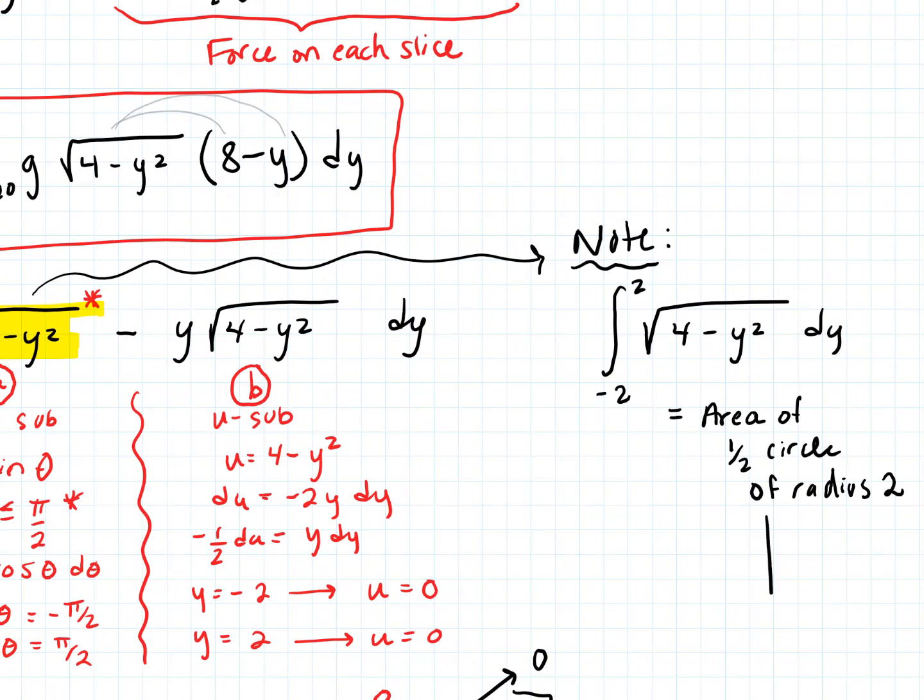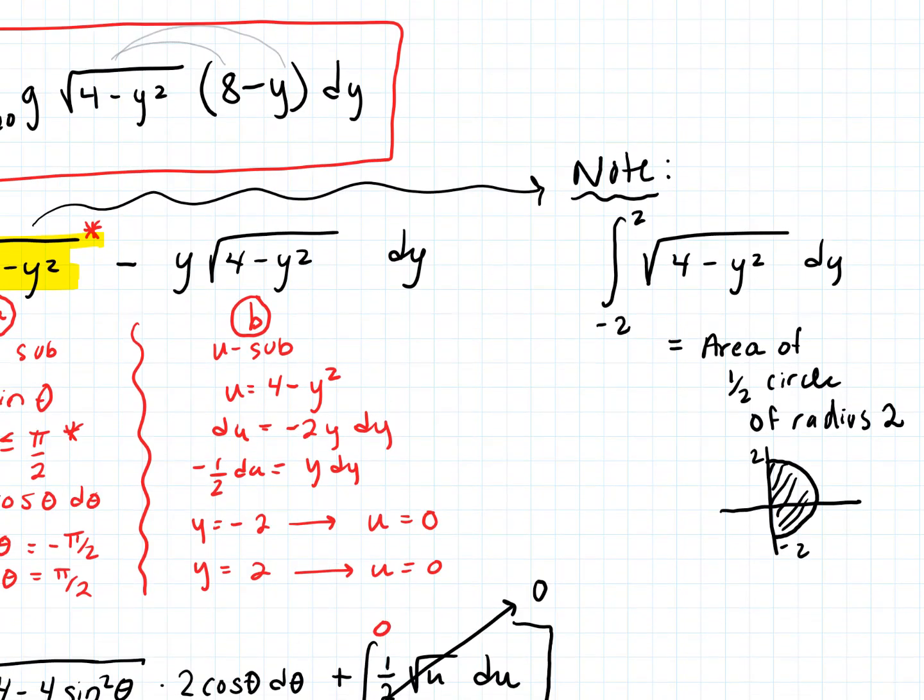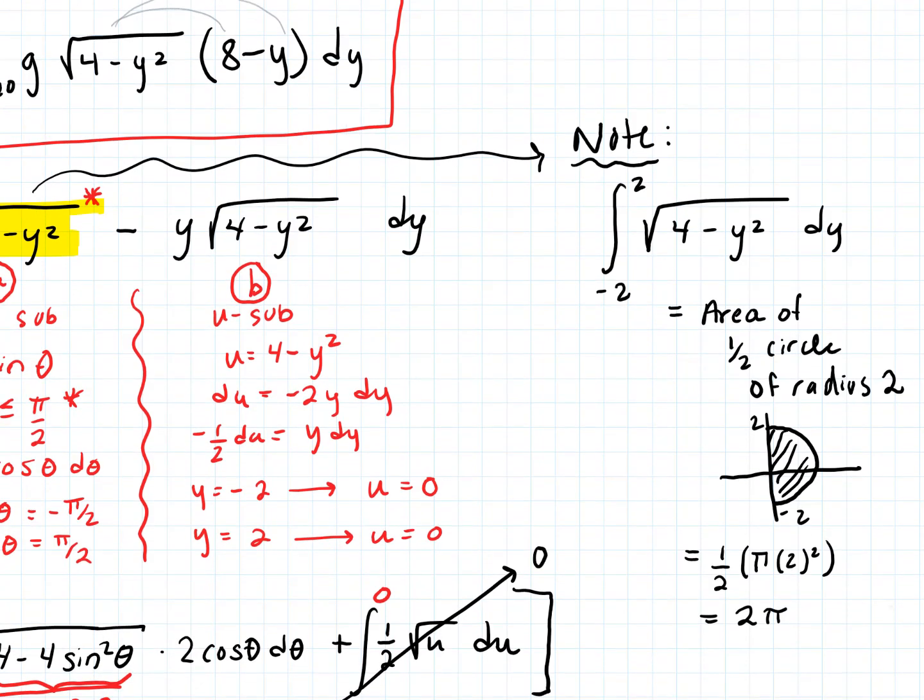So if you think just in terms of areas, what we have talked about in the past, this is representing this actual area. And it turns out that the area of half of a circle, that's exactly what that integral represents, which would be exactly equal to 1/2 pi times 2 squared, which ends up being 2 pi.